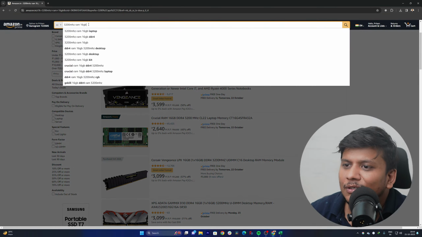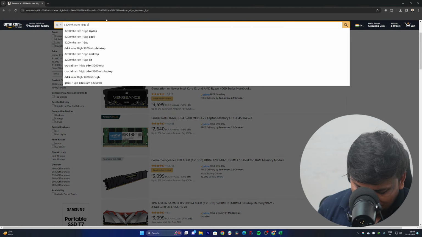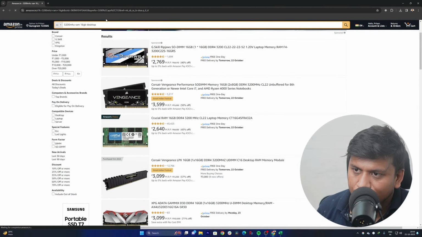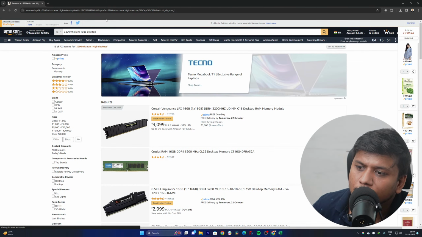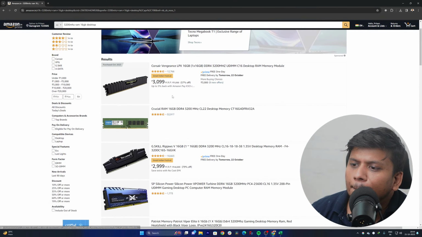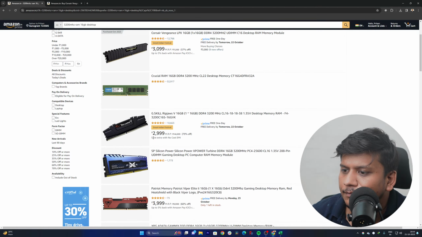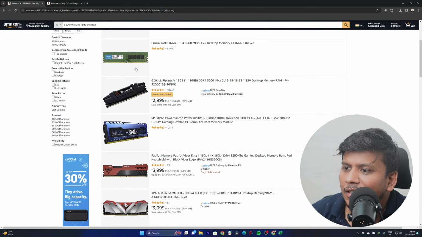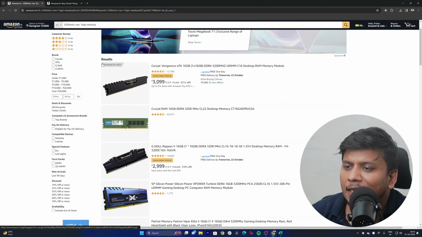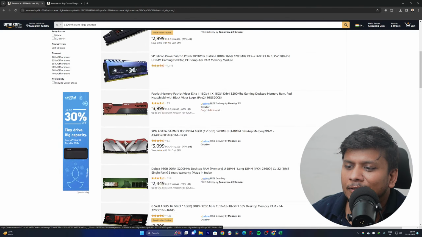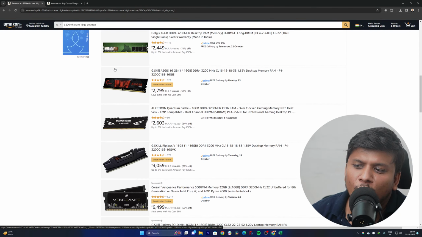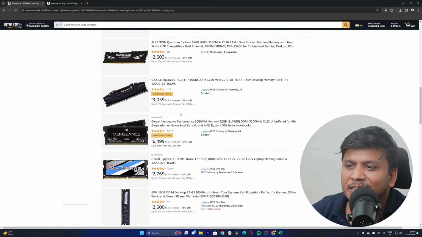And then I'm looking for desktop RAM, so I'm going to mention it. Okay, so this I would say is a very decent one. And believe me guys, you do not need to buy these RAMs in pair, because I don't know why they cost that high.